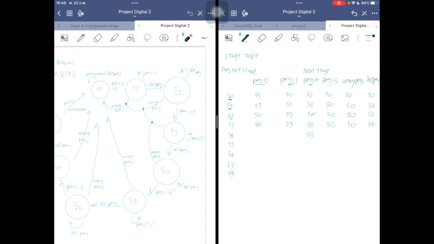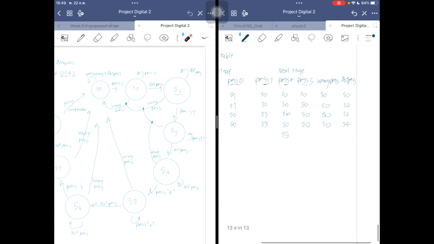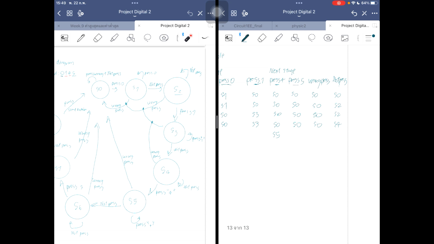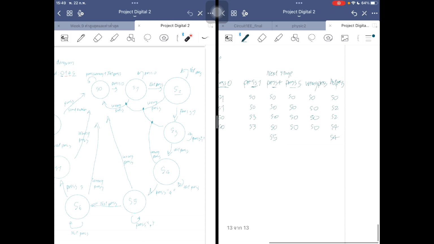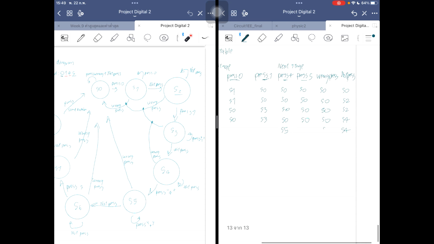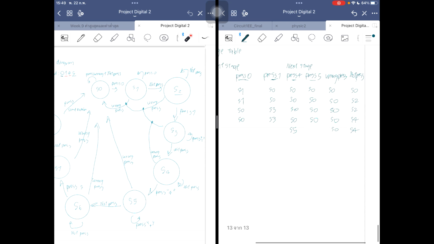Then another condition is if you do not press, it will stay in state 4. But if you press wrong, it will go to state 0. Press 0, 1, 5 and 2 will go to state 0, because the input is in the wrong case.